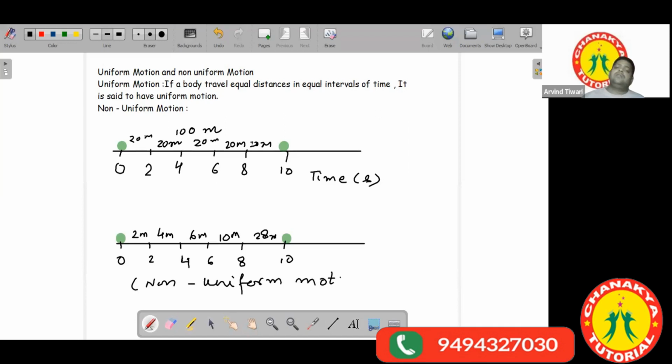In the non-uniform motion, the speed of the object is changing, whereas in the uniform motion, the speed does not change. Any doubt to anyone?